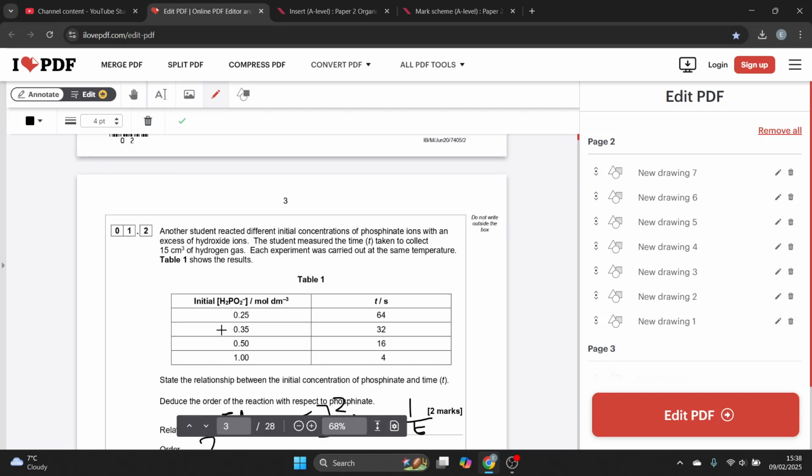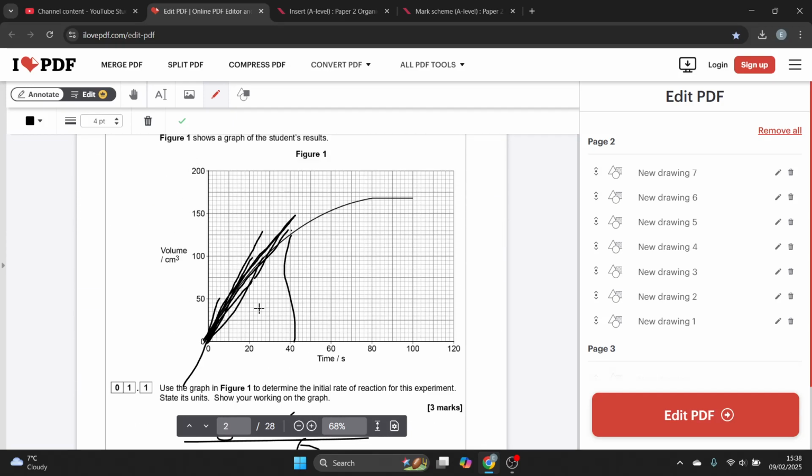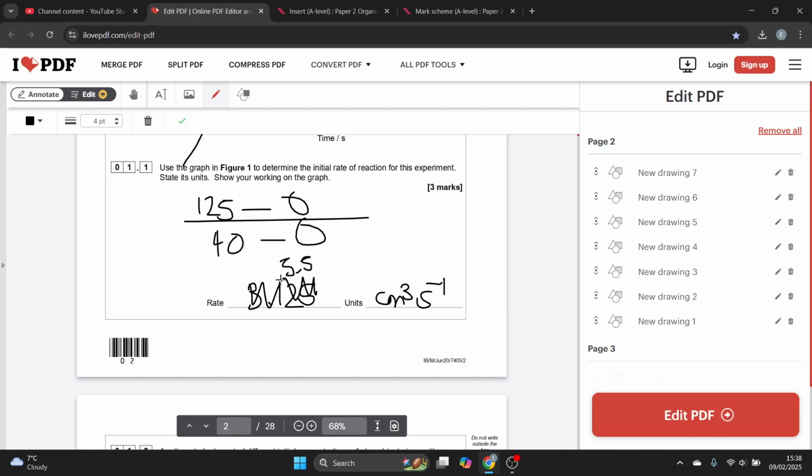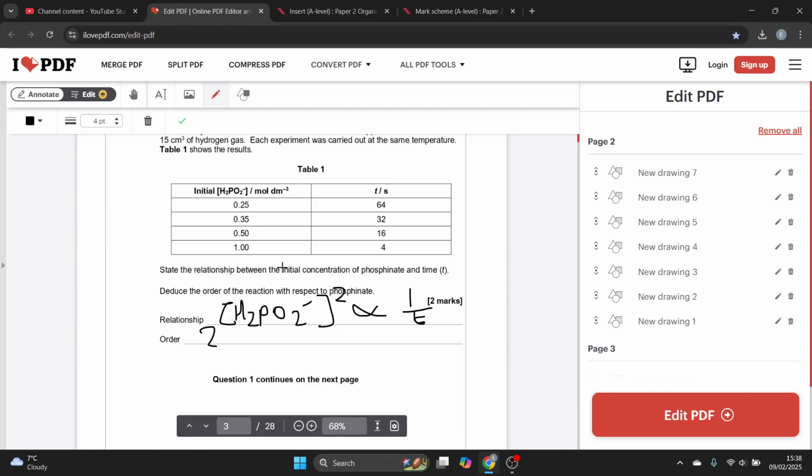Reason being, if I look at the initial rates of reactions, I can see that I go from 4 to 16, 34, 64. So H2PO2 minus squared is directly proportional to 1 over T.